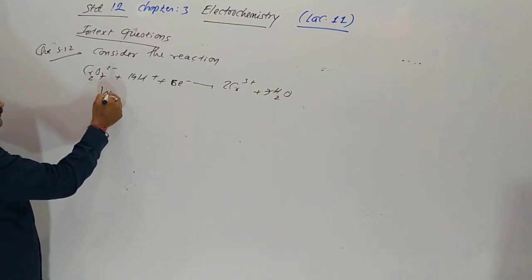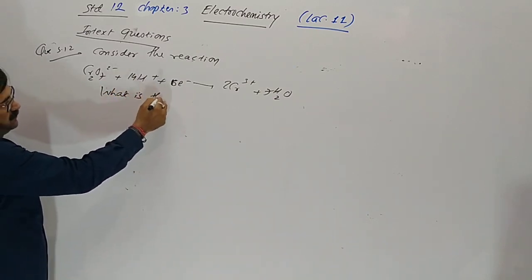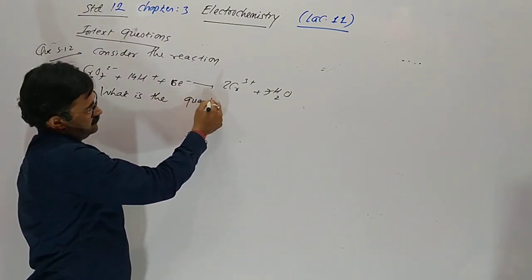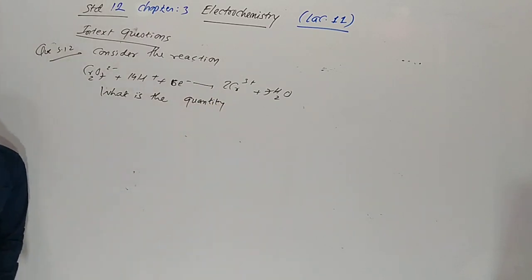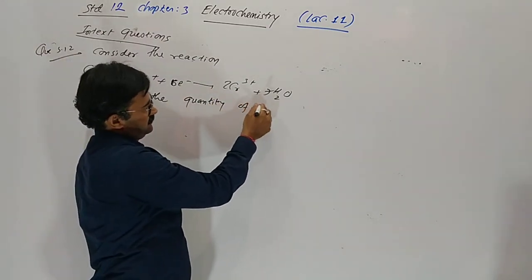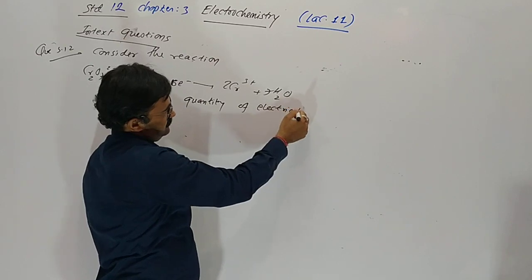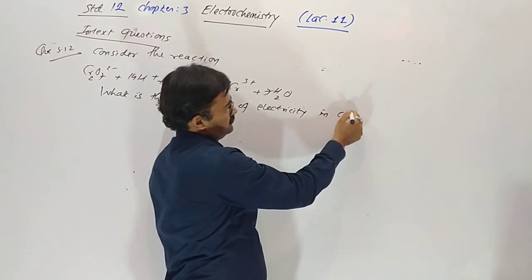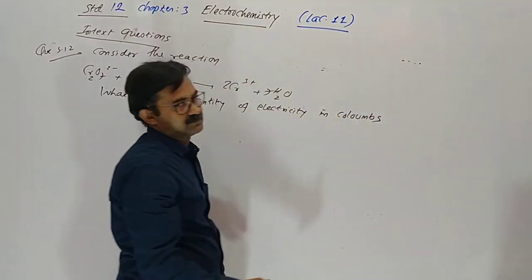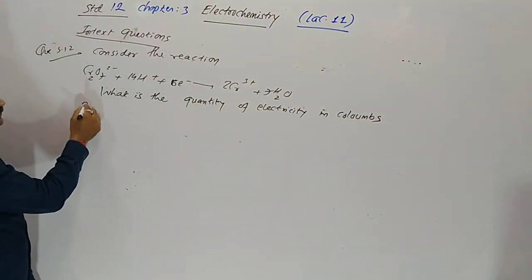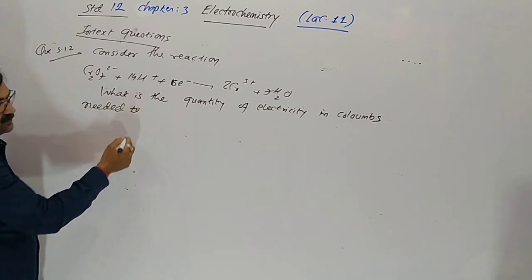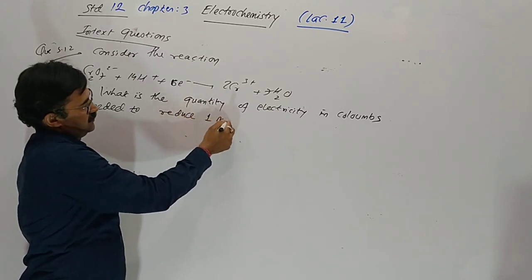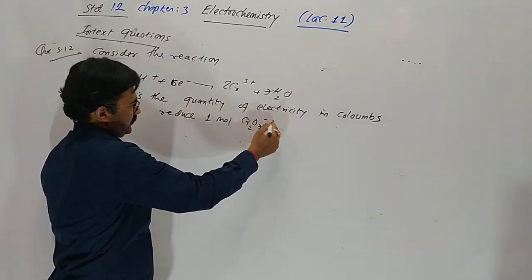What is the quantity of electricity in Coulomb needed to produce 1 mole of dichromate?